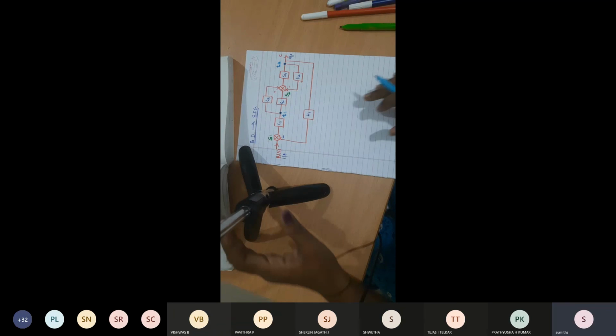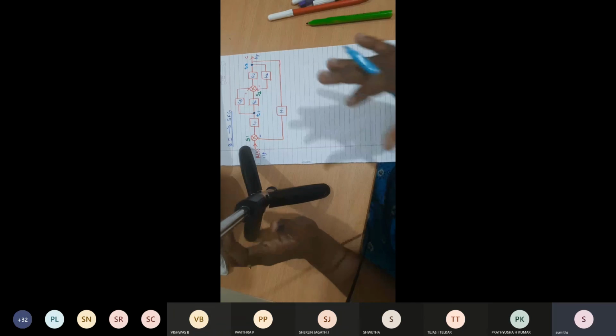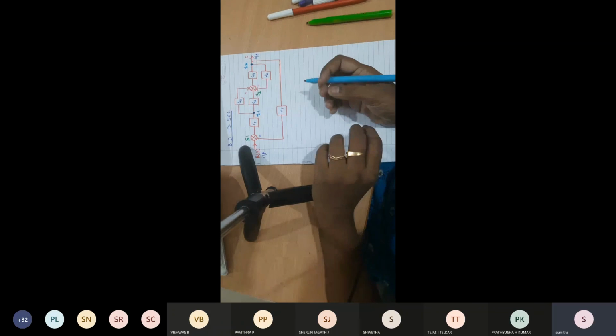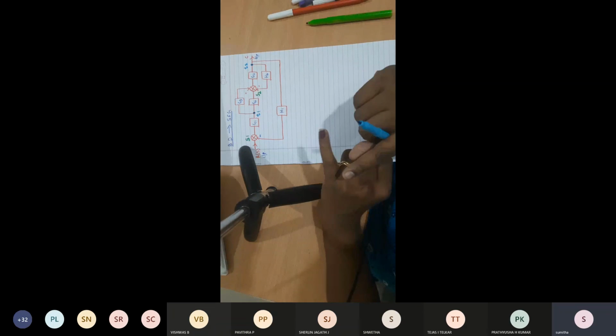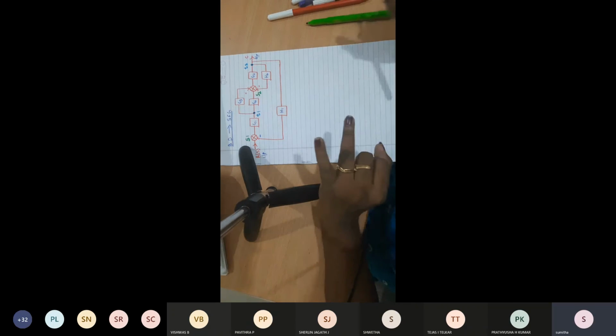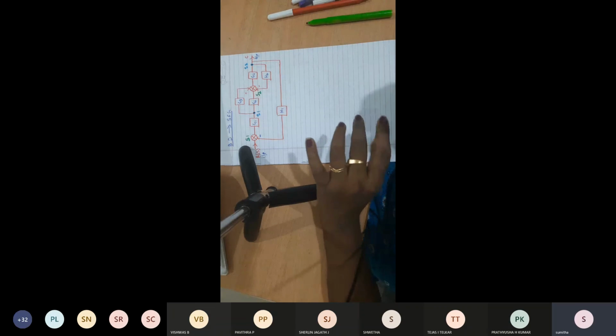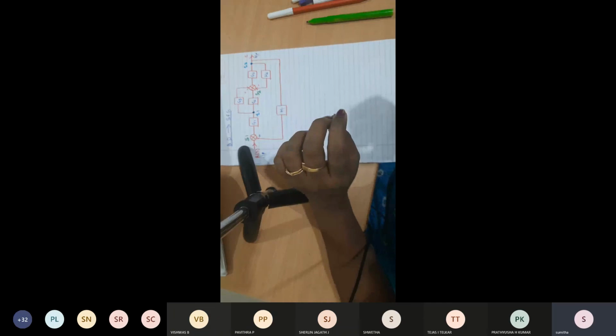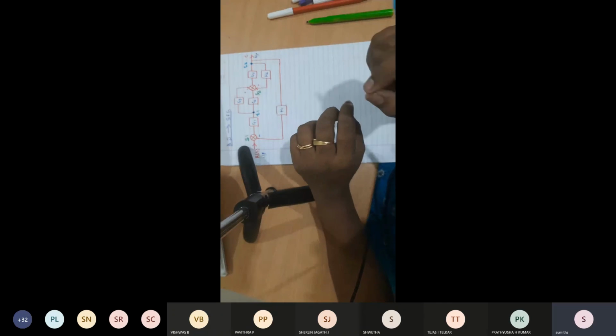Now, this is step 2. Step 3, what we are going to do is all the input and output, takeoff point, summing point, all these 4 things I'm going to represent in terms of nodes.